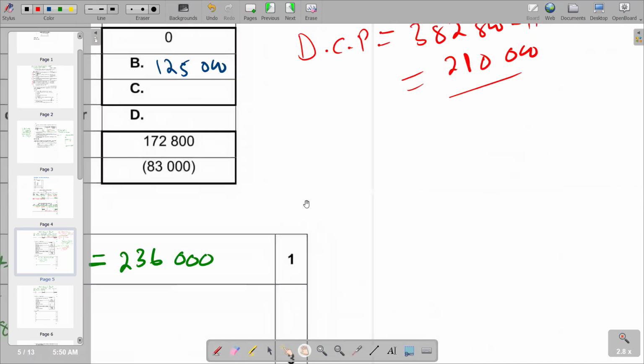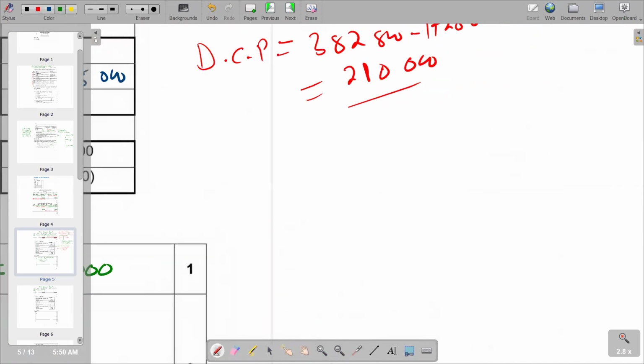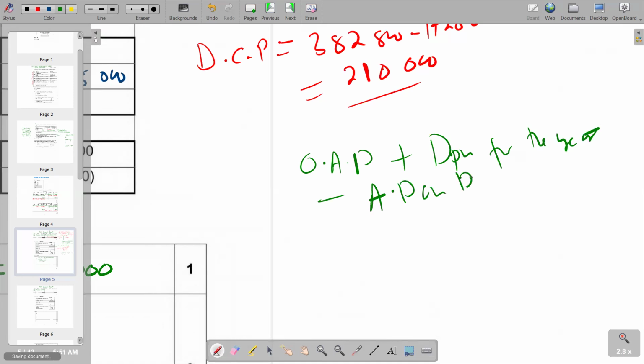Putting it down: opening accumulated depreciation plus depreciation for the year, minus depreciation on disposal, you get closing accumulated depreciation. This is exactly what we are trying to say.